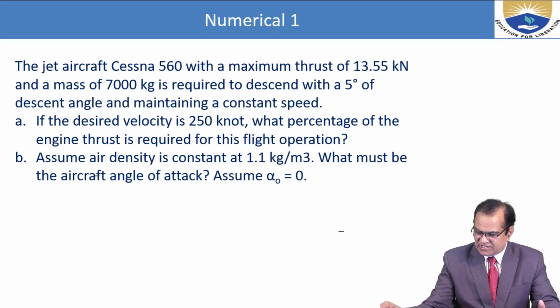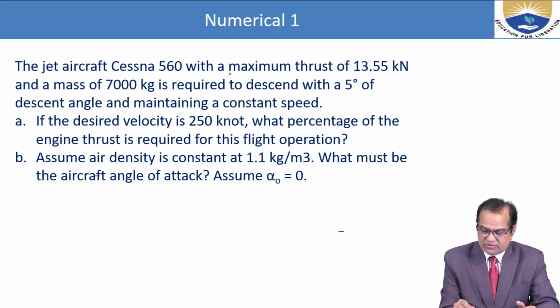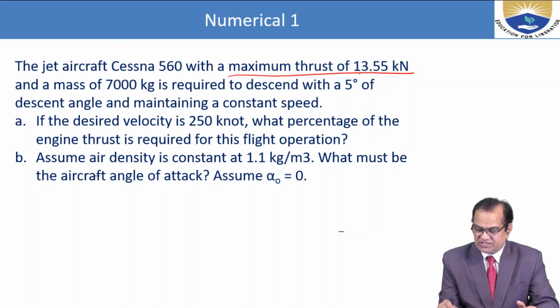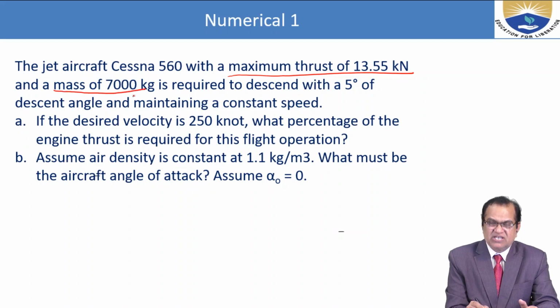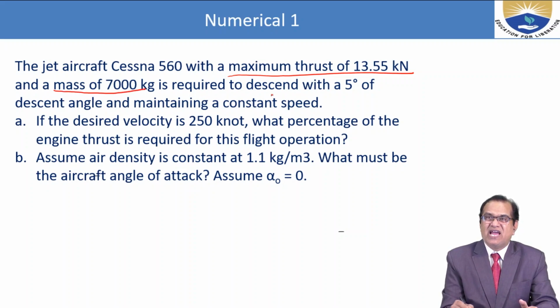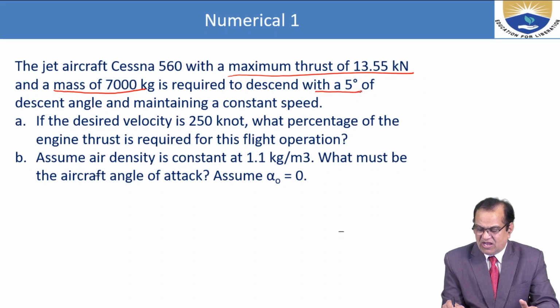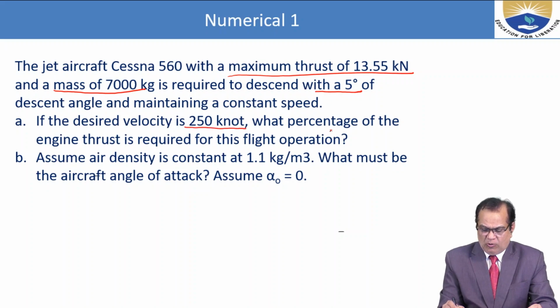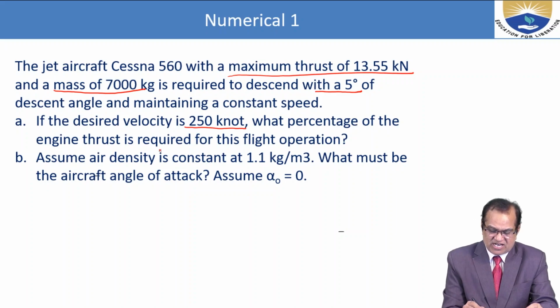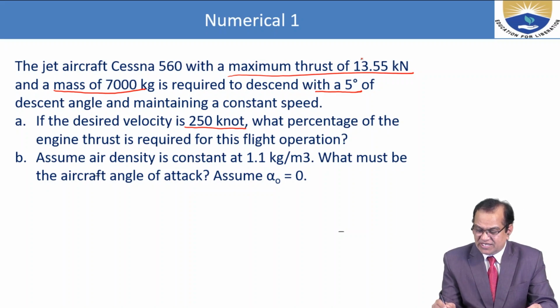First we have to see what things are given. The maximum thrust is 13.55 kilonewton, the mass is 7000 kg, the descent angle is 5 degrees, and the speed is constant at 250 knots. What percentage of the engine thrust is required for this flight? So it is a maximum.